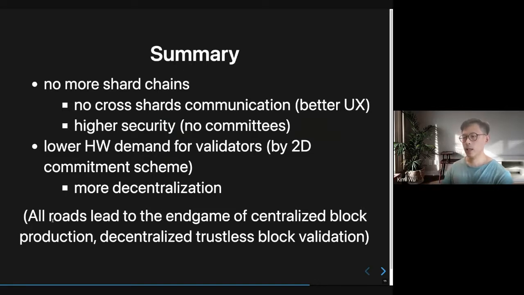And here Vitalik posts an article, and here's the idea: all roads lead to a centralized block producer and decentralized trustless block validator. As you can see, the block producer still needs very huge power because it needs to handle such a huge amount of transactions.